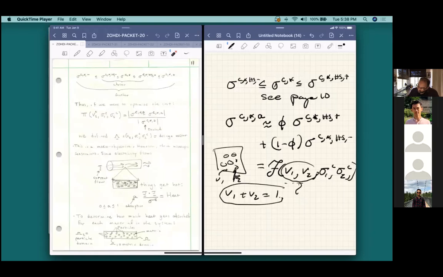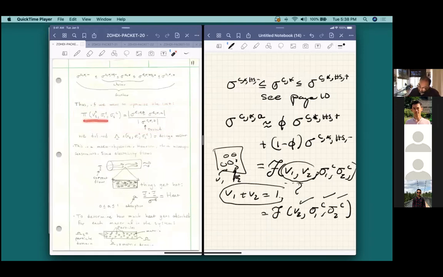The upshot is I really can write this as F equal to a function of V2, sigma 1 star and sigma 2 star. Sorry, sigma 1 and sigma 2. So the main idea here is we have three parameters: the conductivity of the second phase, the conductivity of the first phase, and how much of the second phase we added. So this gives us immediately something we can optimize. So we have our tool that we can come along and clobber things with.